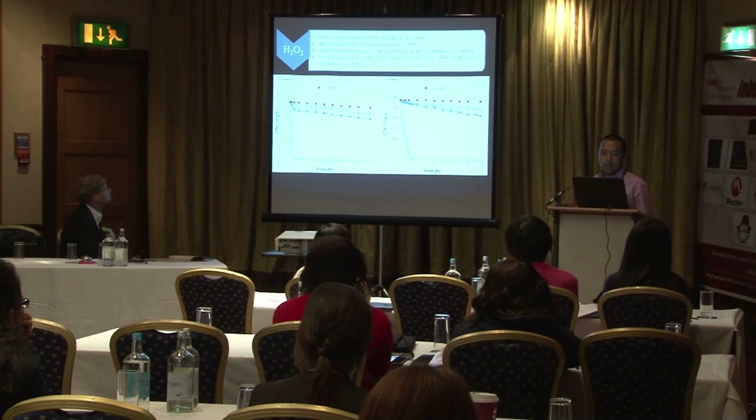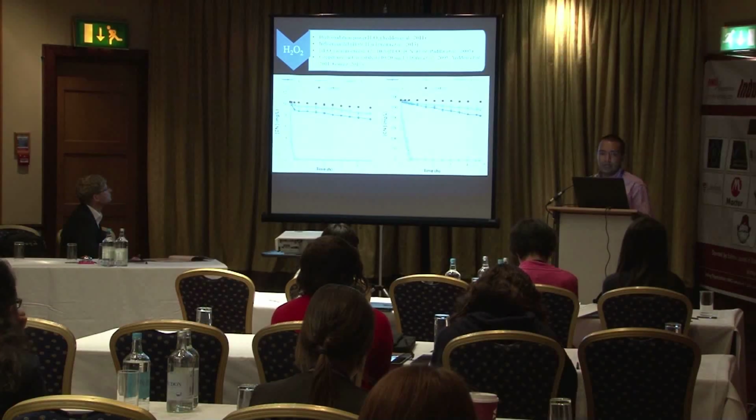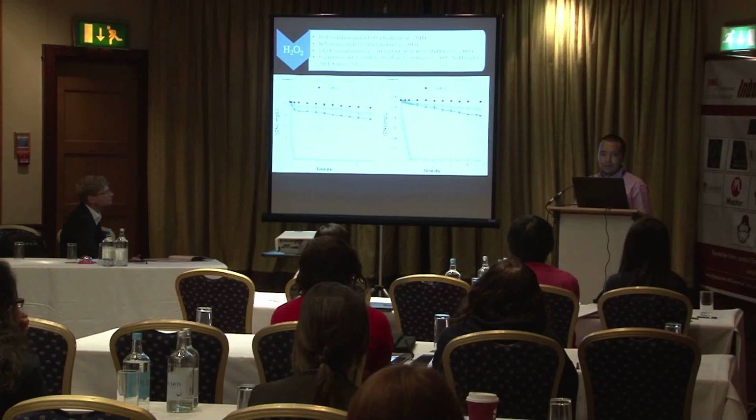In this example, we have levels of copper ions higher than 10 to 20 milligrams per liter. Also, the amount of hydrogen peroxide used in this investigation was in excess, so that helped to remove that percentage of free cyanide from the effluent.